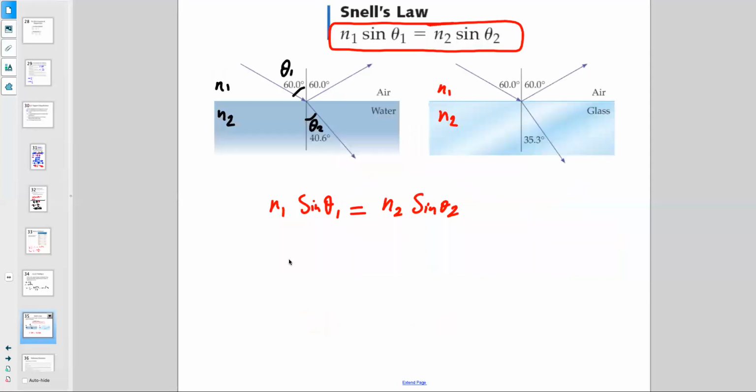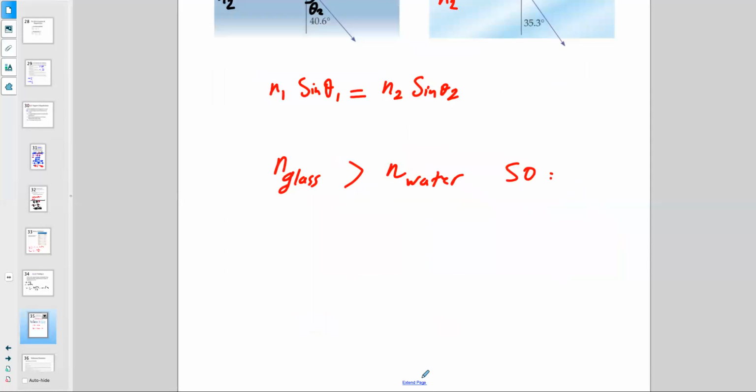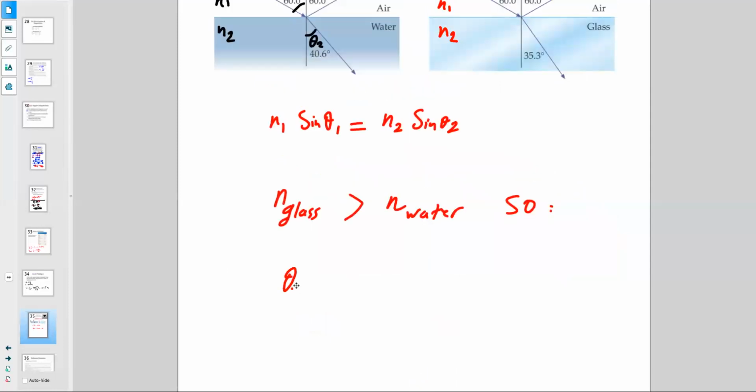So in other words, n of glass is higher than n of water, okay? So that's why theta 2 of glass is smaller than theta 2 of water. This is 35.3, which is less than 40.6 degrees.